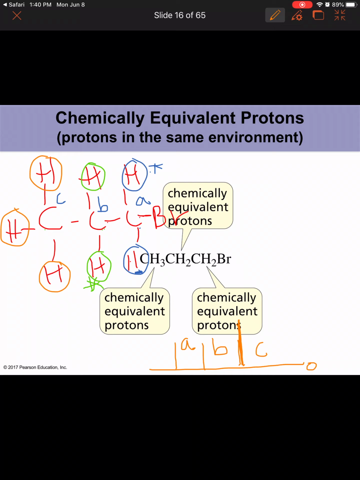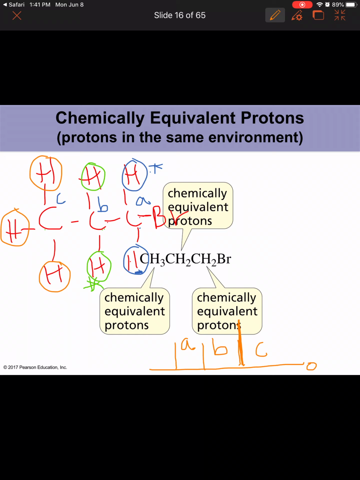Okay, and the placement of A, B, C depends on the electron density surrounding each hydrogen. But I'm just going to explain the chemical equivalent protons here, so you get the idea why they are called chemically equivalent. So there are three signals.